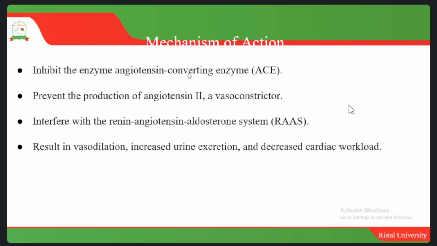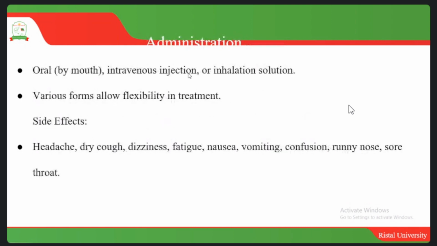So these ACE inhibitors help us to reduce all this, and the heart will be able to work well, because there will be decreased cardiac workload. Since there is adequate blood in circulation, there will also be decreased sodium ions, which will attract the water in the system, and the heart will be able to pump and function in a normal way to meet the body's demand.